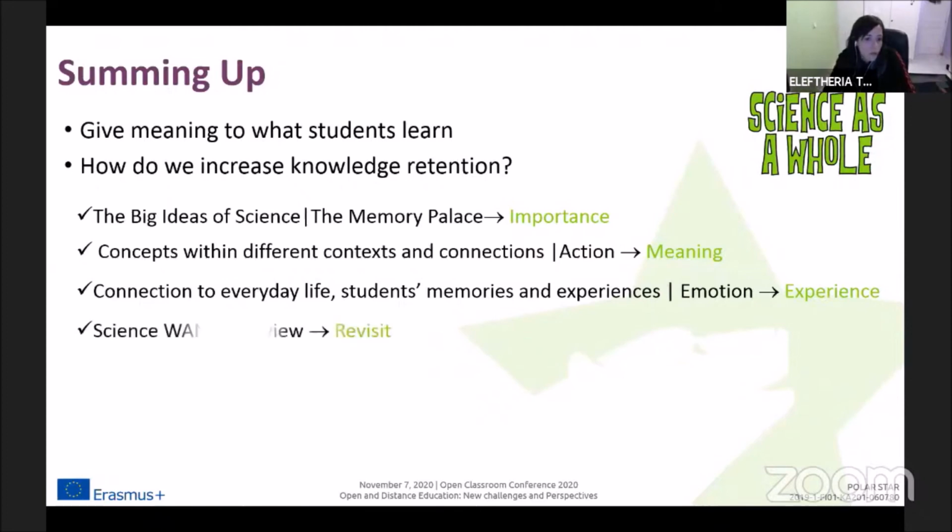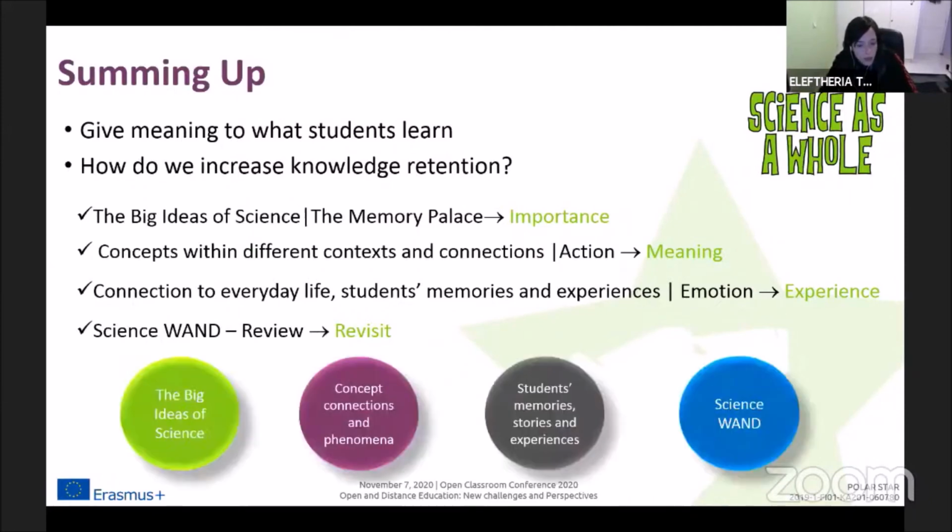And we offer a concrete way of revisiting not just the concept itself, but the whole experience of learning the concept through the science wand, either the digital version or the analog version. So we have these three methods that are all summed up in the science wand, or the two simple tools that I just showed you.